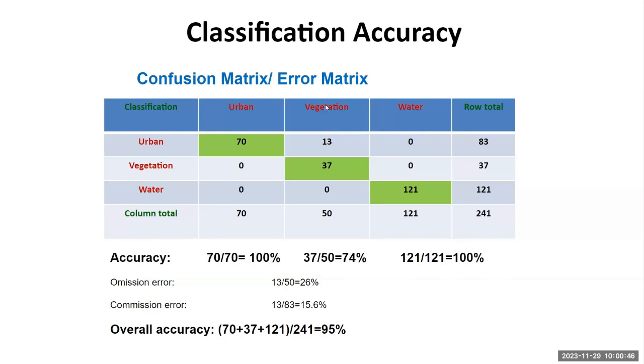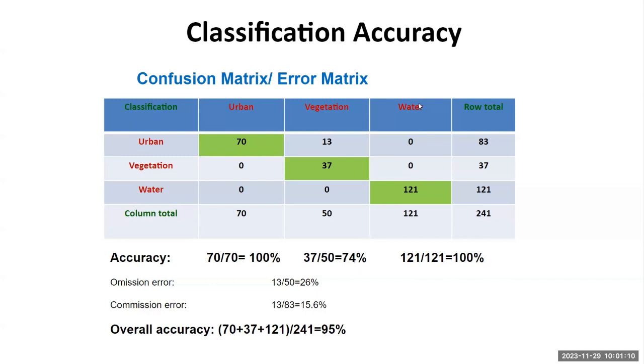So what happened in the case of vegetation? We had 50 points, 37 are correctly identified as vegetation, and the remaining 13 are incorrectly mapped as urban. So what is the accuracy for this class? 37 over 50, which is 74%.